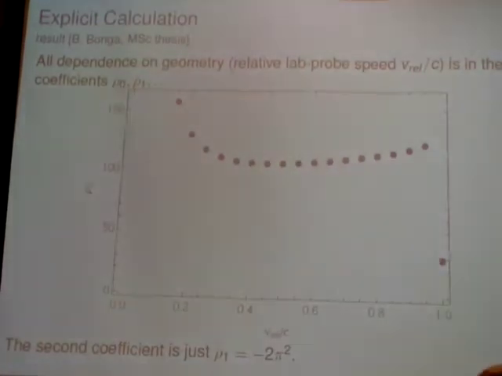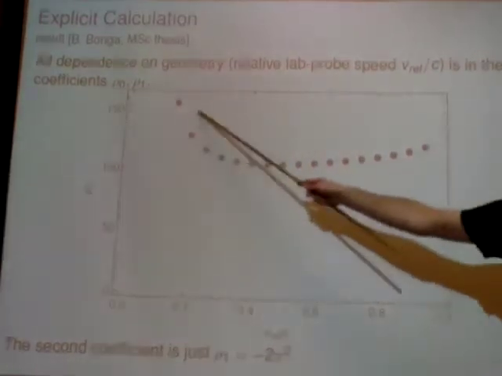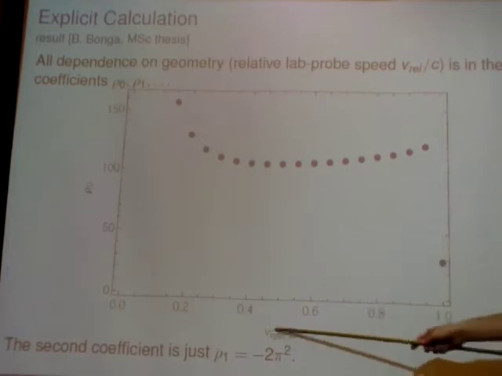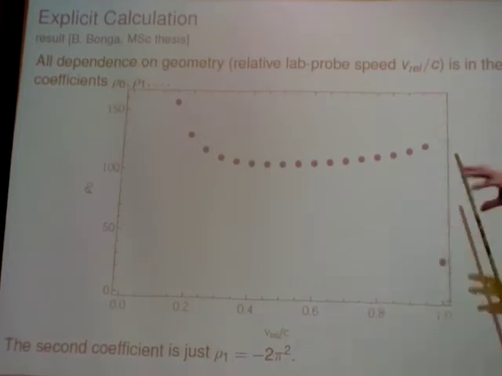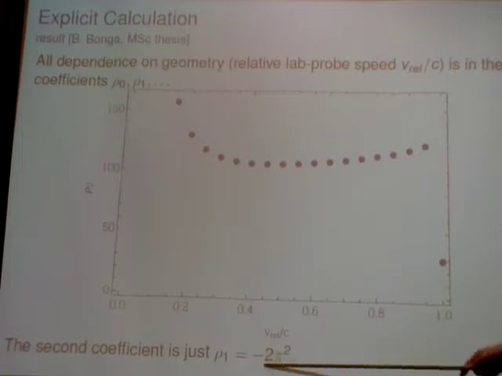There are a few logs that appear, but the arguments of the logs are also rational. So we expect this curve to be a rational combination of the relative velocity and a logarithm with rational argument in terms of velocity. And the rho 1 coefficient is just always a constant. Interesting observation, we don't really know what the significance is.